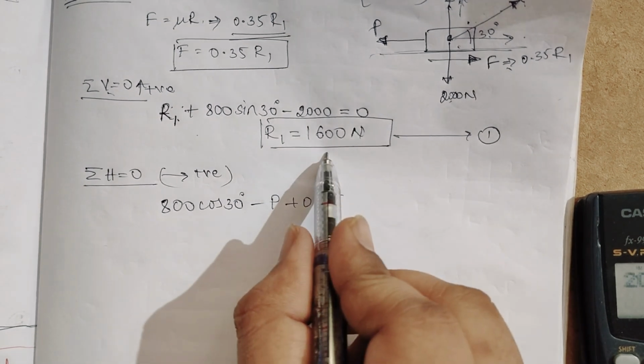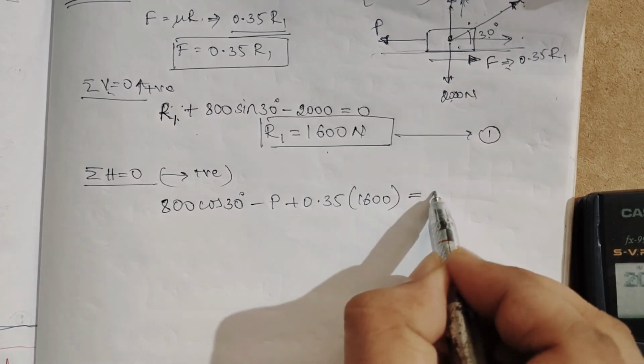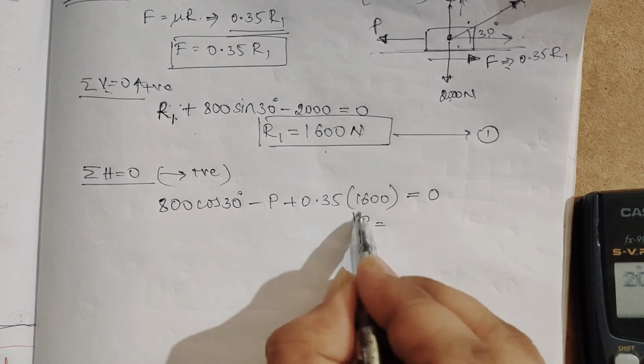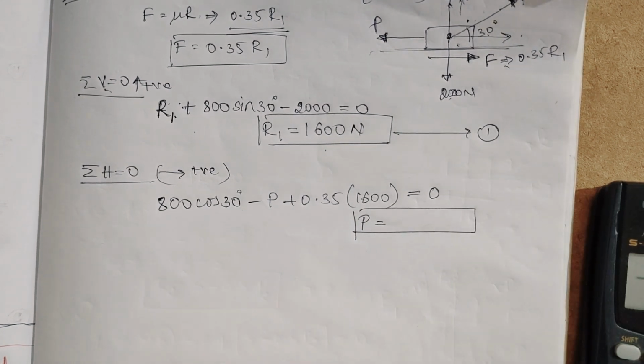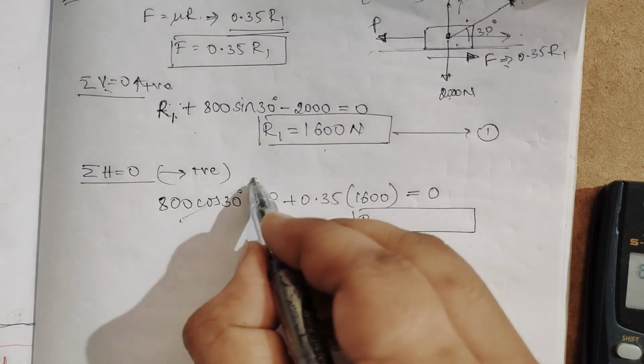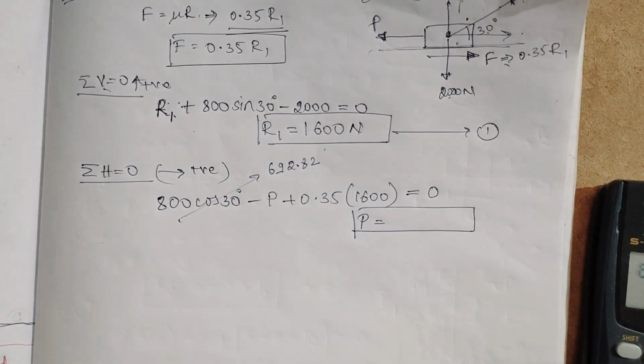We got the value of R1, right? I'll directly substitute it, is equal to 0. So I can get the value of P on substitution. So 800 cos 30, that is 692.82.